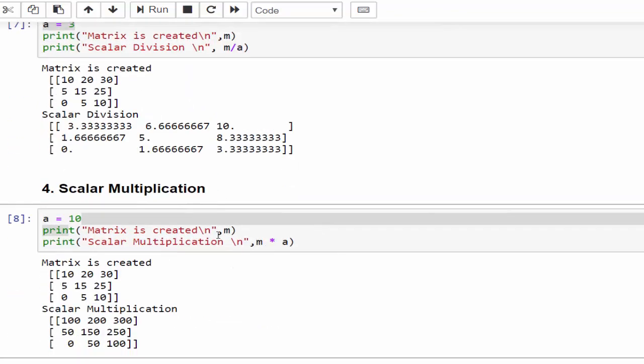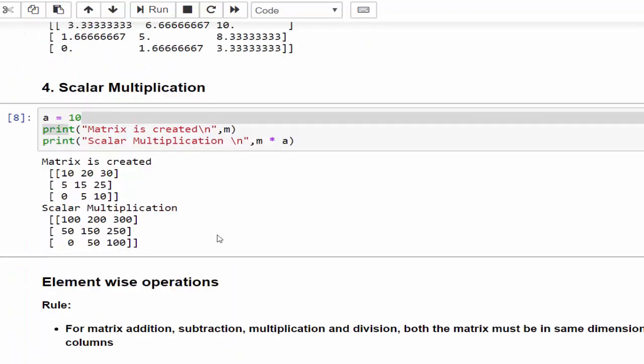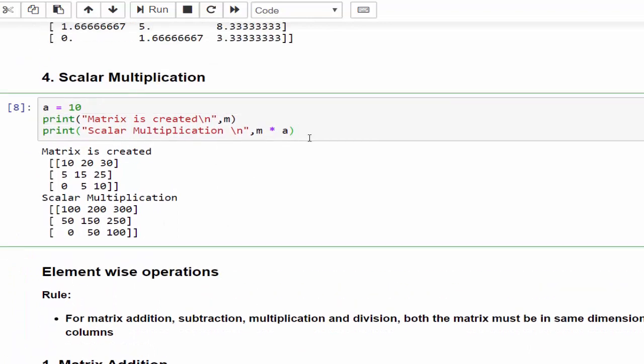So this is how we do scalar addition, subtraction, division and multiplication. In short, if we are performing any scalar operation, that single number will be applied to each element of the matrix.